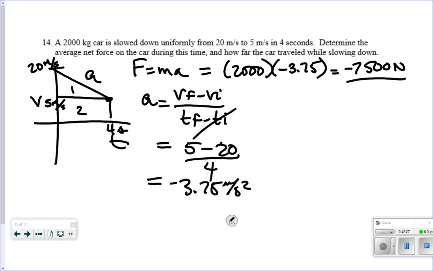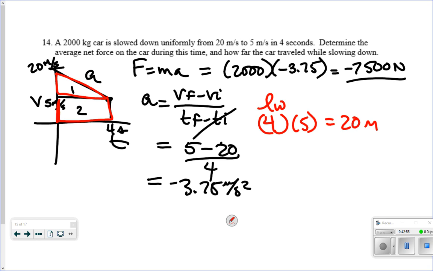When it comes to how far the car travels during this time, again, what I want to do is take the area of this triangle and add it to the area of that rectangle. Let's start with the rectangle. The rectangle is going to be length times width, so that's 4 times 5. I'm going from 0 to 5 here, so that's going to give me 20 meters.